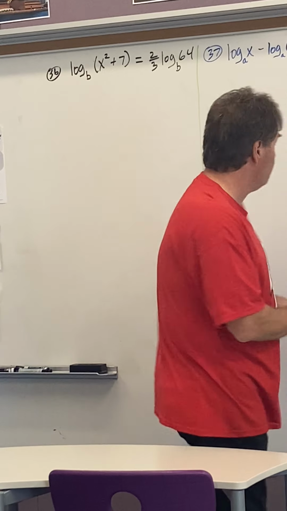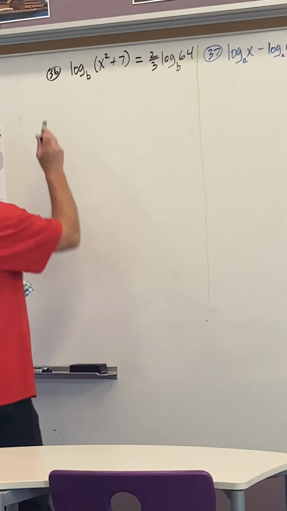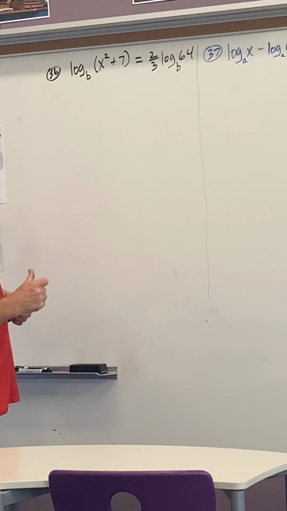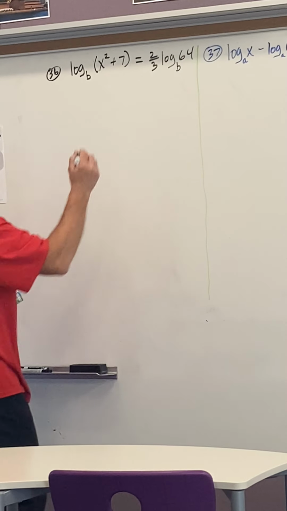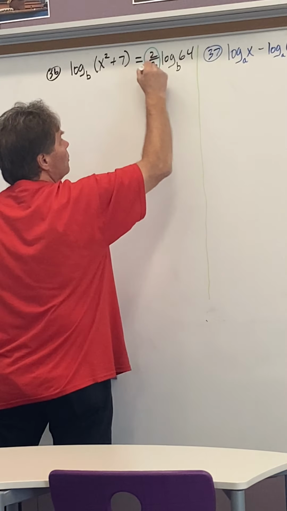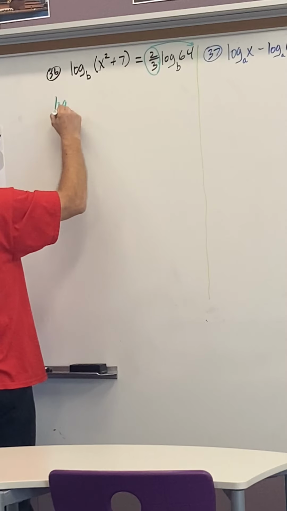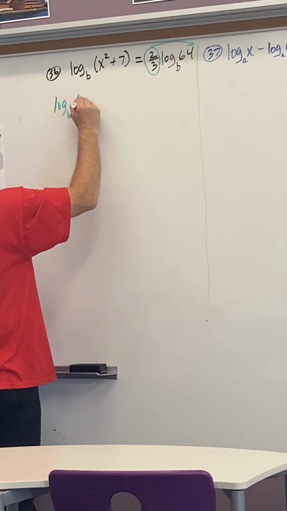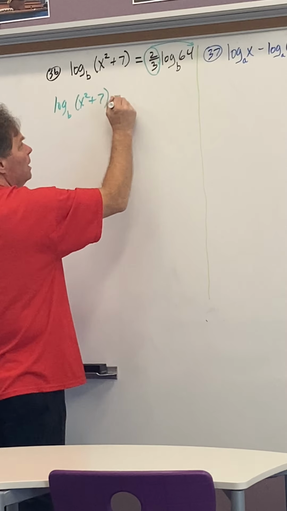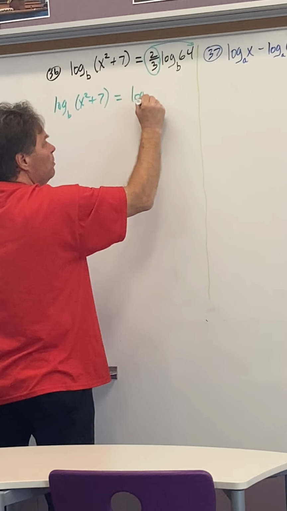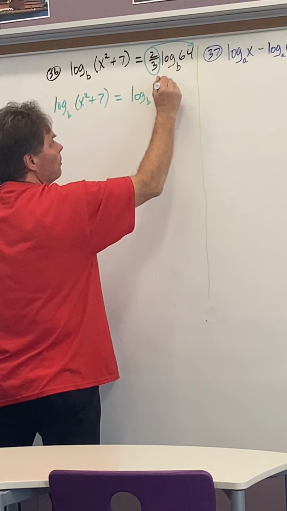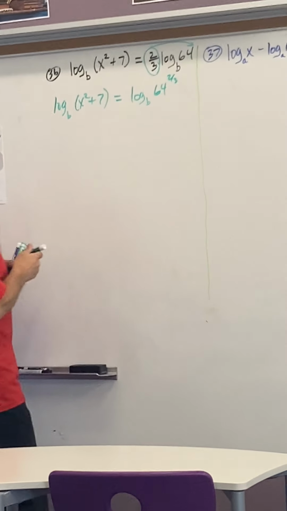Okay, here goes. Here's 36 from last night's homework. First thing I'm going to do is pump this 2/3 up as the exponent, and I get log base b of x squared plus 7 equals log base b of 64 to the 2/3 power.